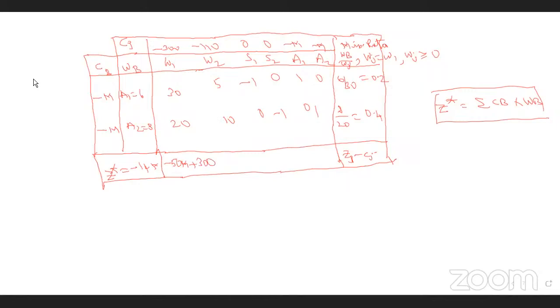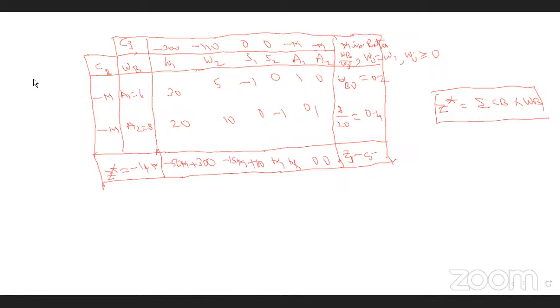Similarly, minus 5M minus 10, minus 15M, plus 110. Next, like that, M, M, 0, 0.